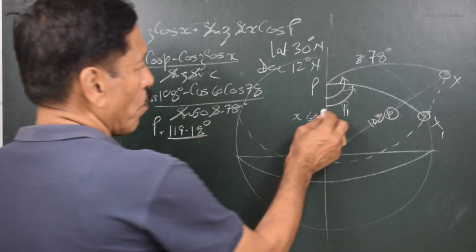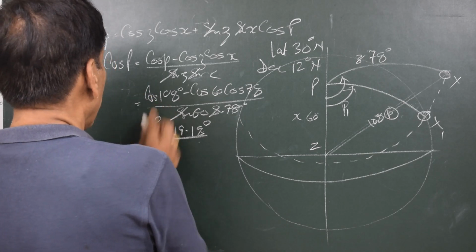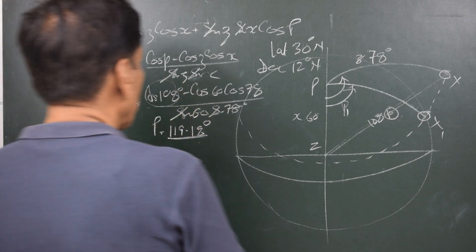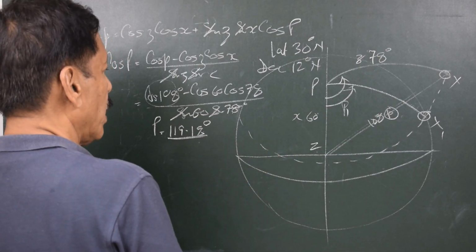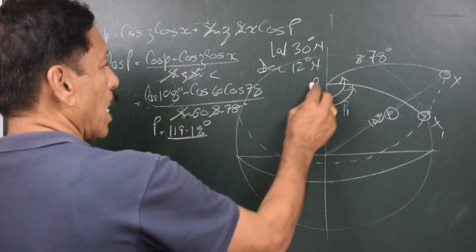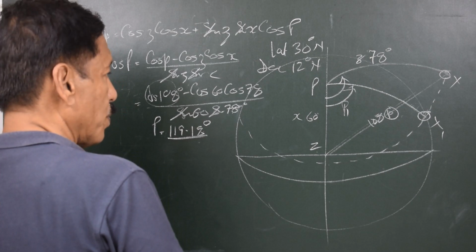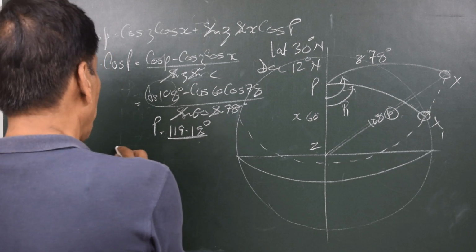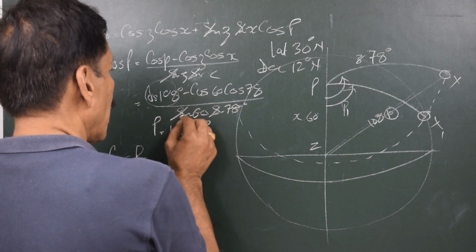Now, in case I want to find angle P1, I can use the same formula, but instead of cos 108 I will write cos 90. It can also be done by Napier's rules, but I'm just saying that instead of 108, if I write 90, I can do this triangle, and cos of 90, as you know, is 0. So effectively what we get is cos of angle P1 is equal to 0 minus this upon this.